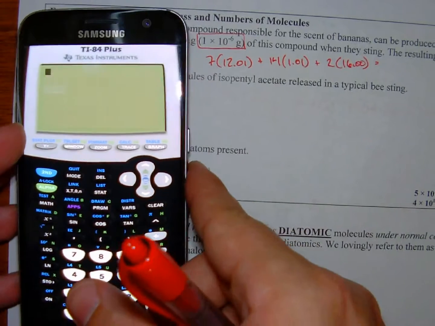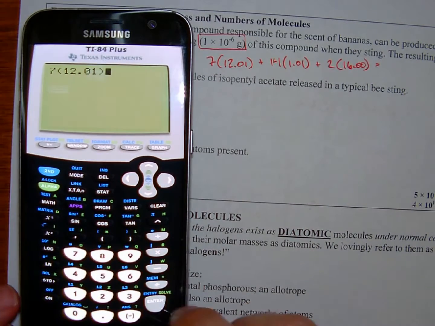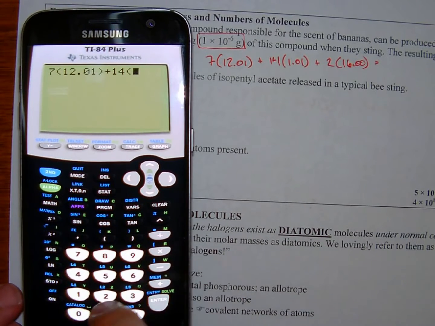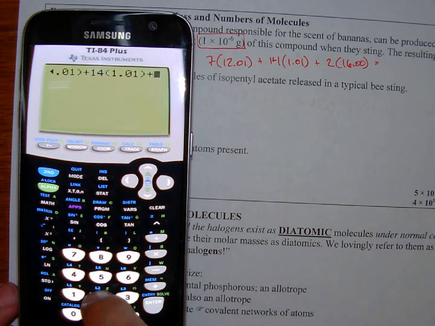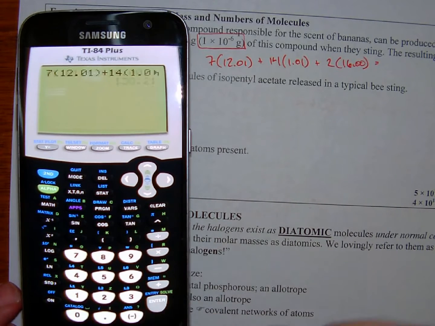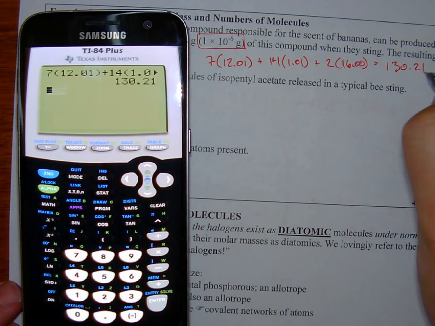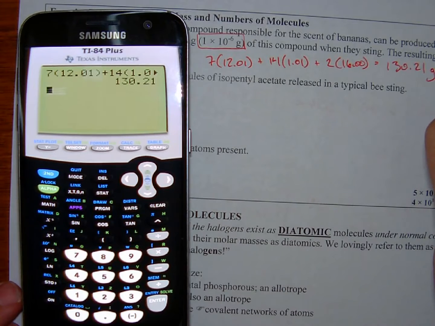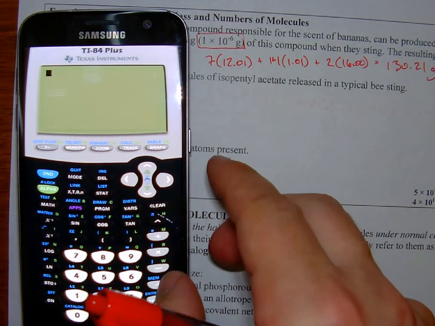Do some calculations here. 7 carbons, 14 hydrogens, and then what, 2 oxygens? So we come up with a molar mass of 130.21 grams per mole.